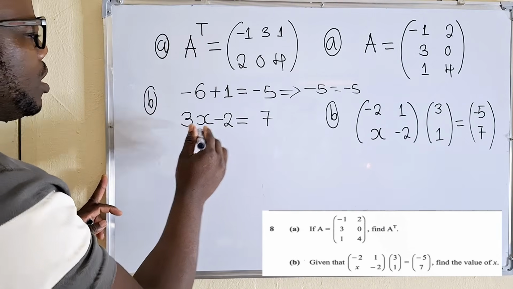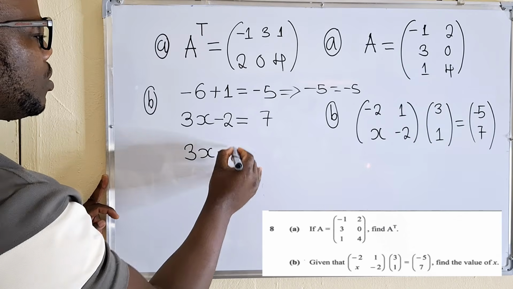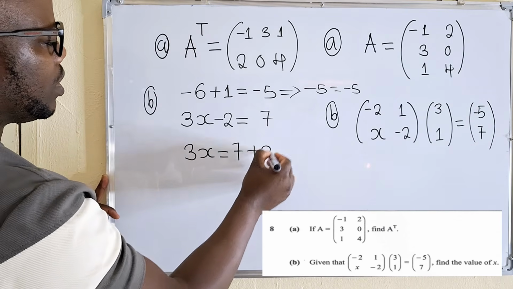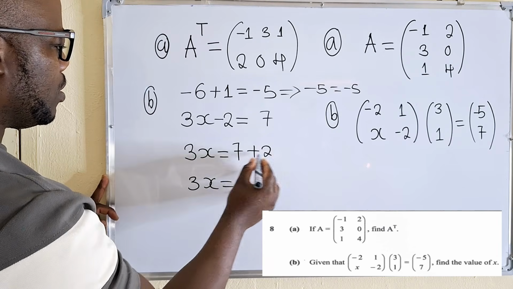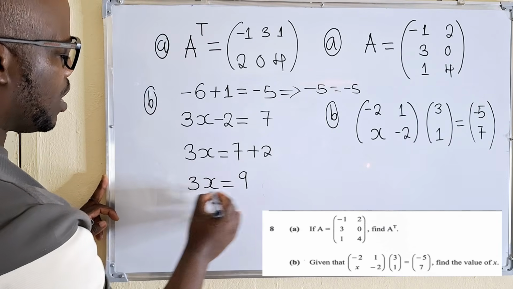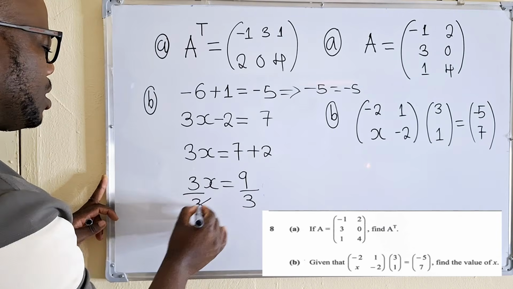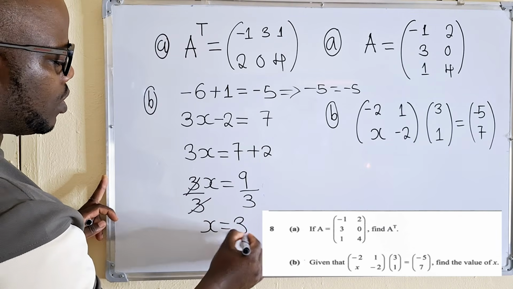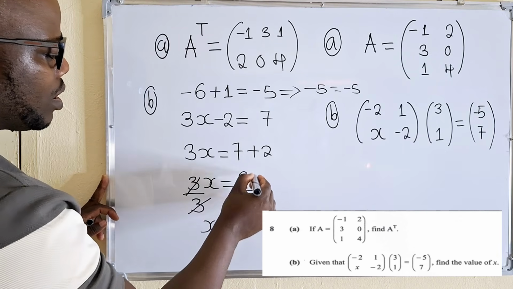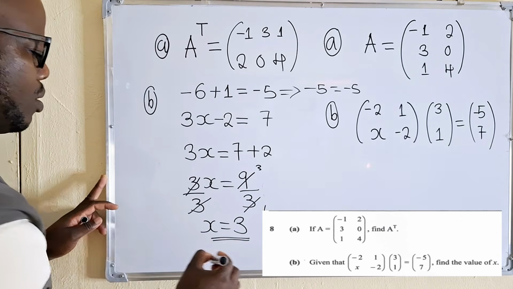For this one, we solve for x. 3x is equal to 7 plus a 2. 3x is equal to a 9. Divide by 3. By 3, this and this will go, x will be equal to a 3. That is a 3 into 3, 1. Into 9, that's a 3, and this is what we have.